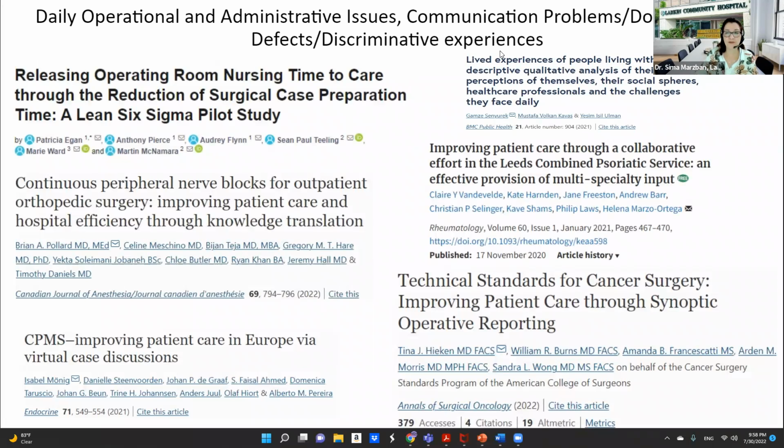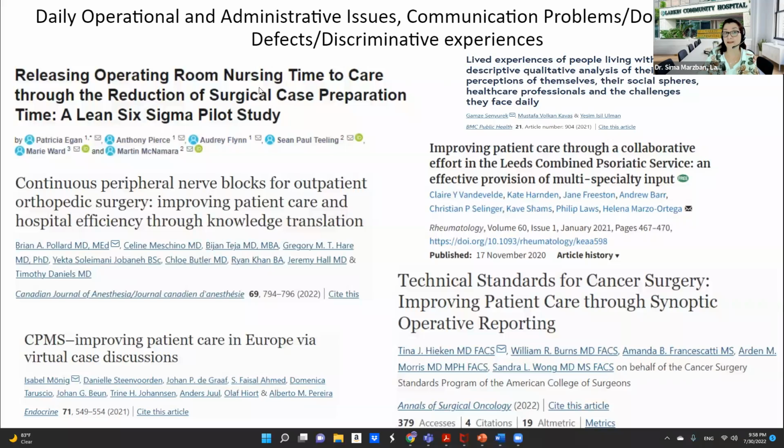The other source of research topics are daily operational and administrative issues, communication problems, documentation defects, discriminative experiences. You see, for example, releasing operating room nursing time to care through reduction of surgical case preparation time, Lean Six Sigma.